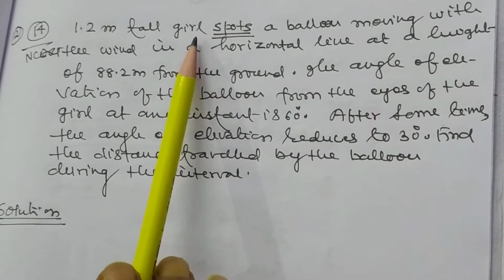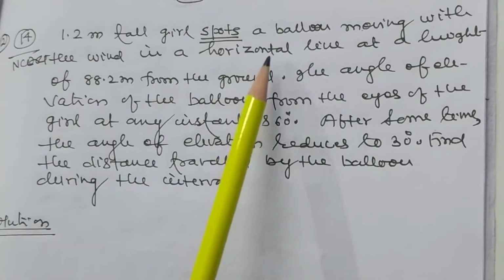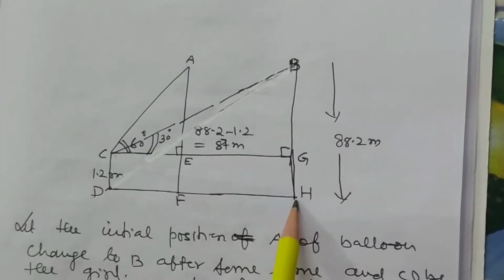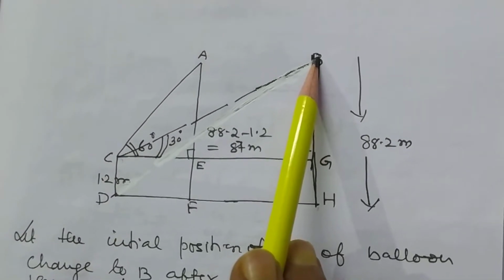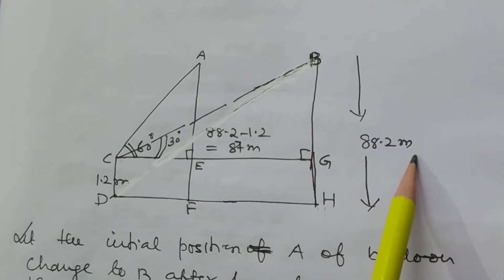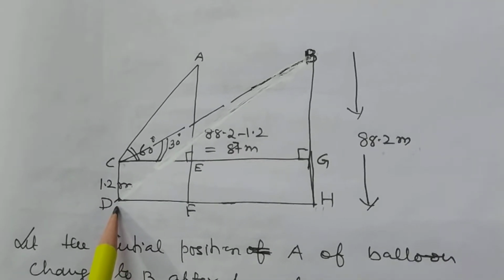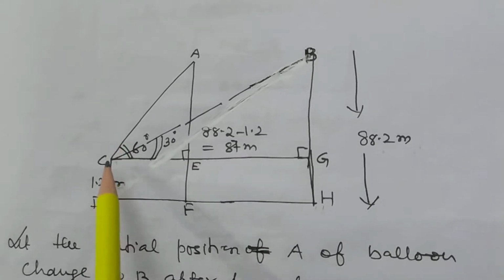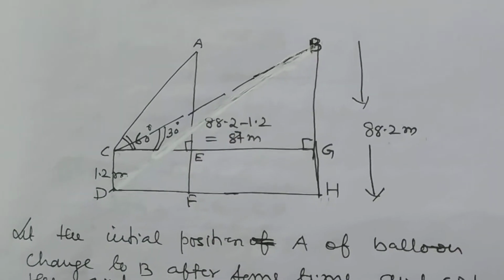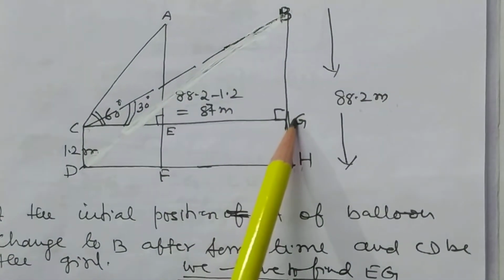A 1.2 meter tall girl spots a balloon moving with the wind in a horizontal line at a height of 88.2 meter from the level ground. So this height HB is 88.2 meter and height of the girl is 1.2 meter. And here the angle of elevation changes from 60 degree to 30 degree. So find this distance AB.